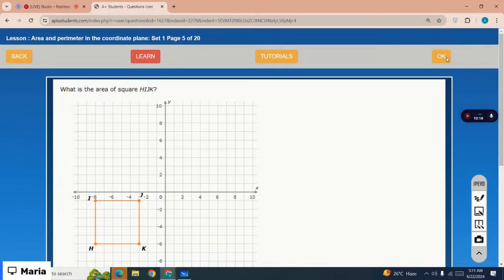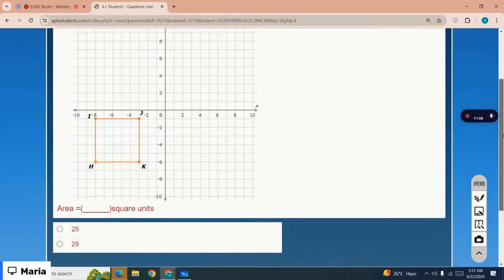What is the area of square HIJK? So which is the correct option? You have to find the area, that is 5 times 5.